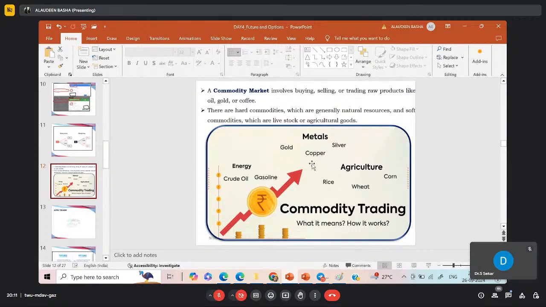As per Indian time, the commodity market opens at 9:15 and closes at 11:30 p.m. The stock market always closes at 3:30, but the commodity market runs up to 11:30 p.m.